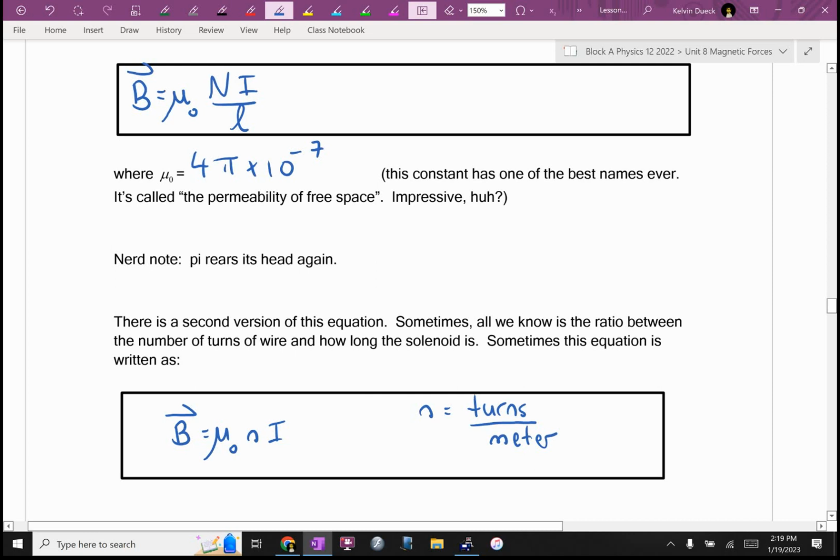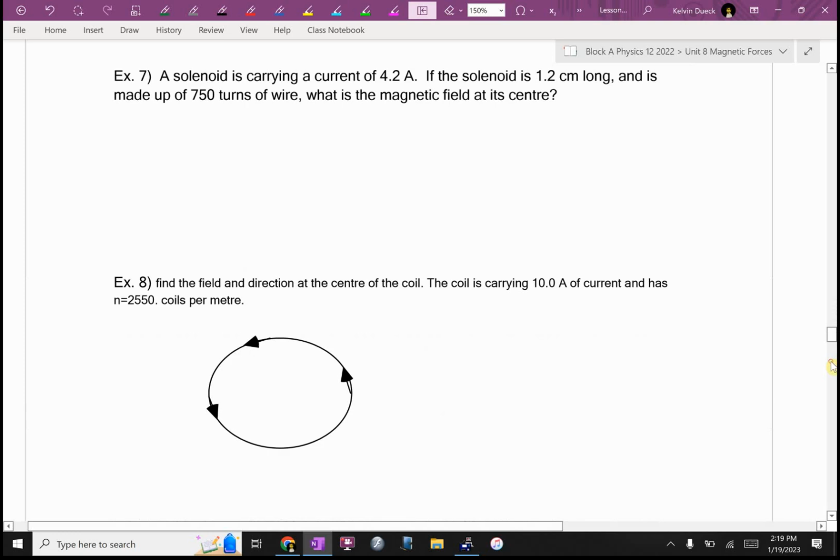You'll know that if they don't give you the length of the solenoid, but they tell you the number of turns per meter, use this one. If they tell you the total number of turns, and they tell you the total length of the solenoid, use the first one. Let's jump on in and try some of this.